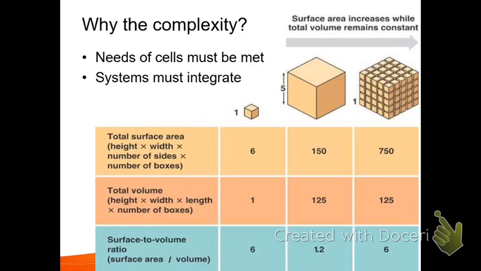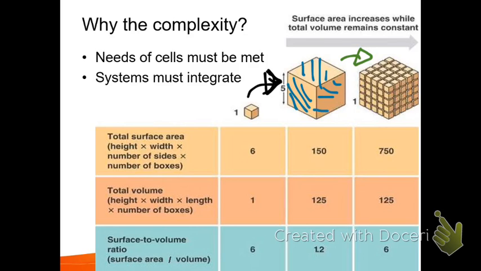Well, the problem is, if you want a big organism and you increase in size, like here, if you just have one big cell, your surface area is very low. You only have access to this outside here, that outside, and three more. To reach the center of this cube is going to take a very long time, or it's going to be impossible.